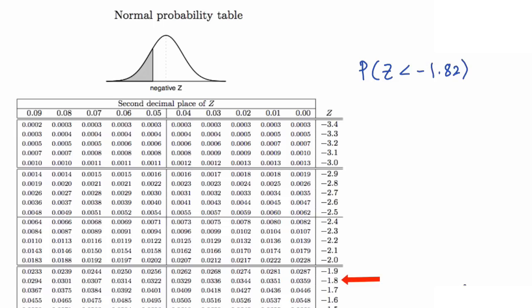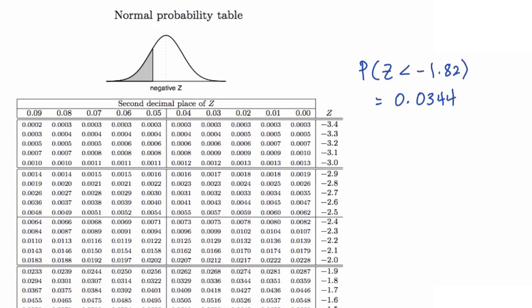We find the row corresponding to negative 1.8, and to get the second decimal place, we go to the column that begins 0.02, and then we can see from the corresponding probability in the table that the probability that z is less than negative 1.82 is 0.0344. The table only gives us 2 decimal places for z, so anytime you need to use a table, you'll have to round it to 2 decimal places.